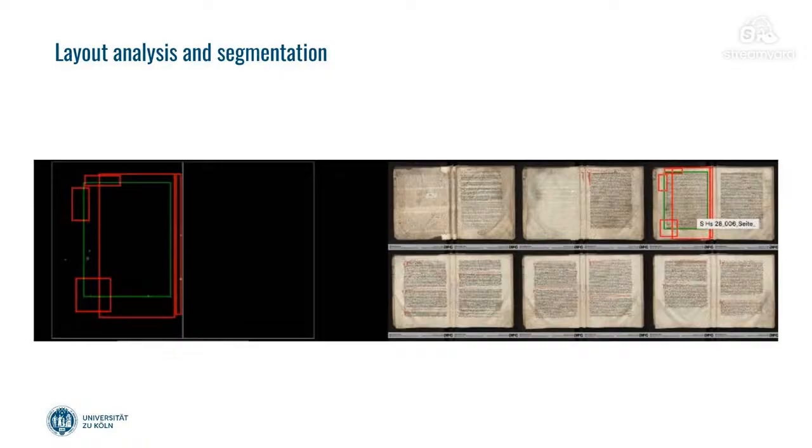And then, of course, you have the margins that you might not need when you want to transcribe the main text. So first, you need to see where actually the text is written on the page. So the text fields, the text boxes, is it columns, is it not columns? What other text areas we have on the page.